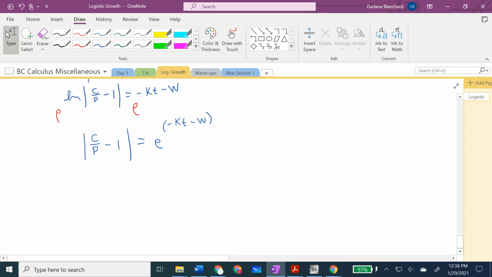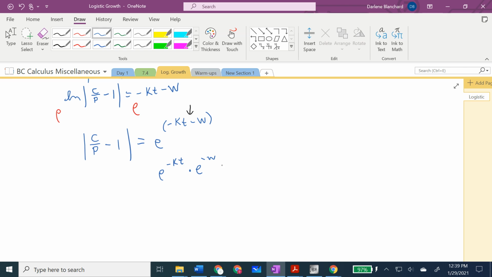And this is where I want to make my move of using the exponent rule. The exponent rule of if you have the same base and you're multiplying, you add the exponents when you compress it into one exponential.